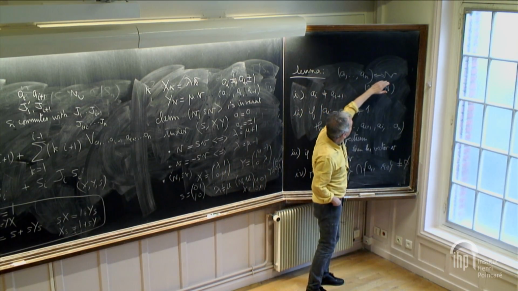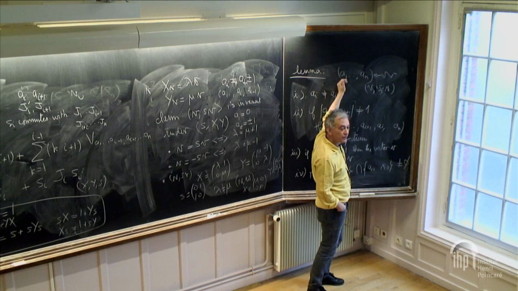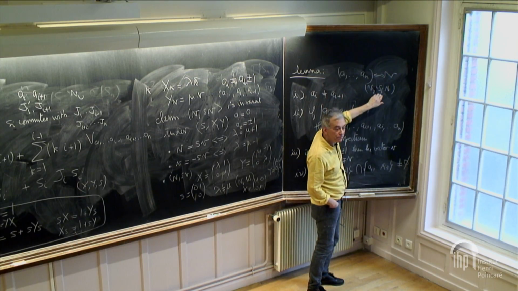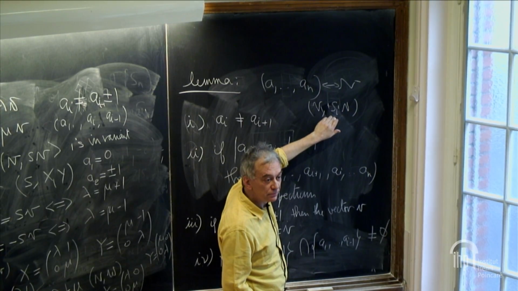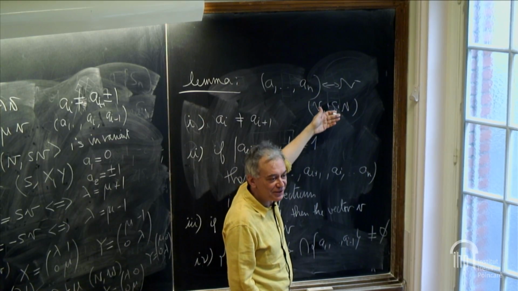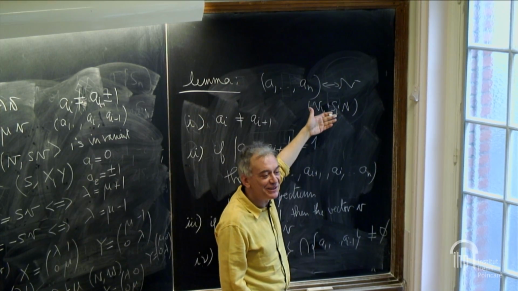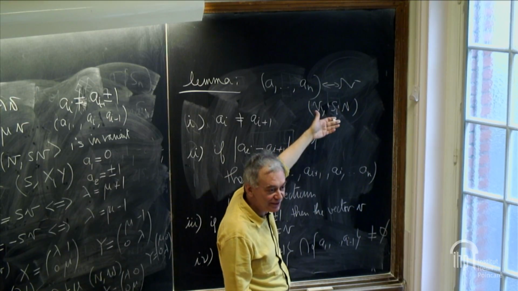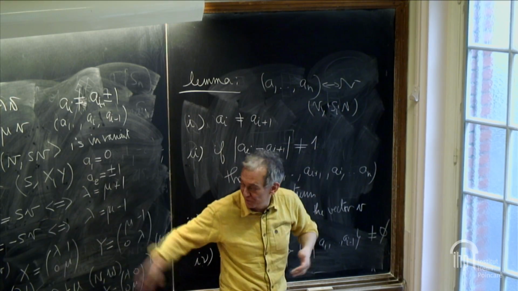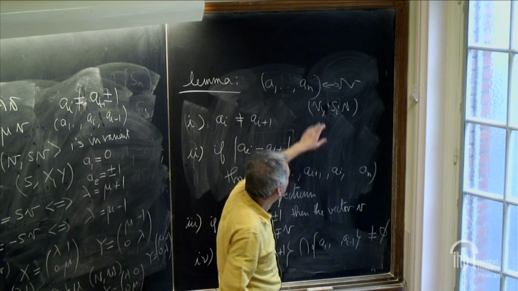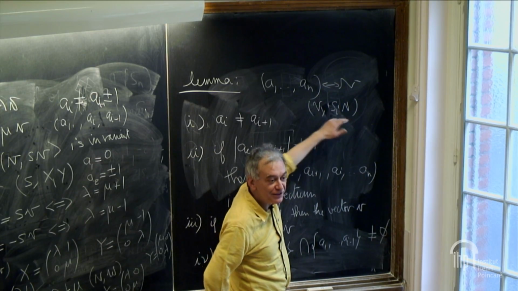In my space, I have a vector V with this sequence of eigenvalues. I can always apply S_i to V, because it is in a representation by hypothesis. I need to use that at some point. I am in a representation of the symmetric group, and certainly all these relations are satisfied. And so S_iV exists.